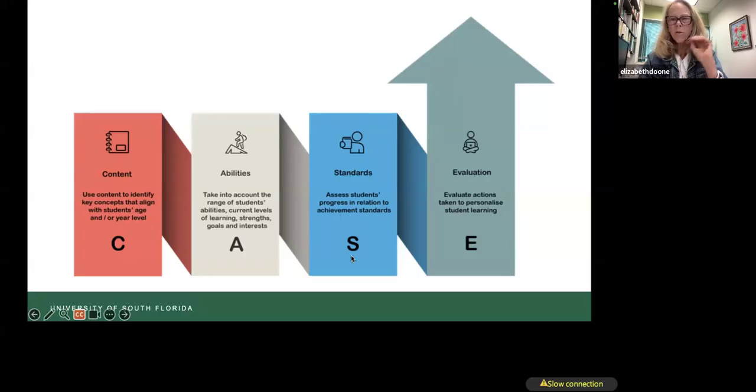We want to make sure that we have the right standards. So if they need to be on access points or lower level standards, we'll do that. And then that evaluation, as we mentioned before, is going to be at a different level. So they are graded differently than our other students, but these are students who are in the system and are receiving mandated modifications that we do in the US through our IEPs, and you may as well.